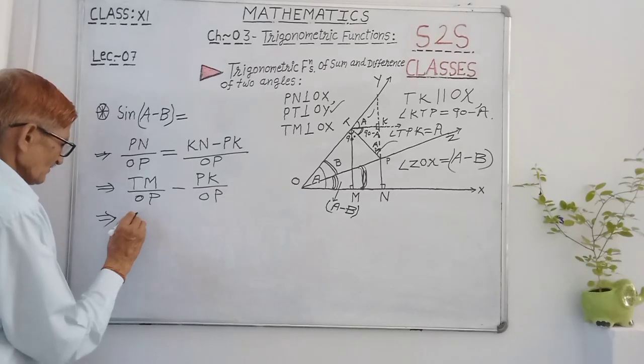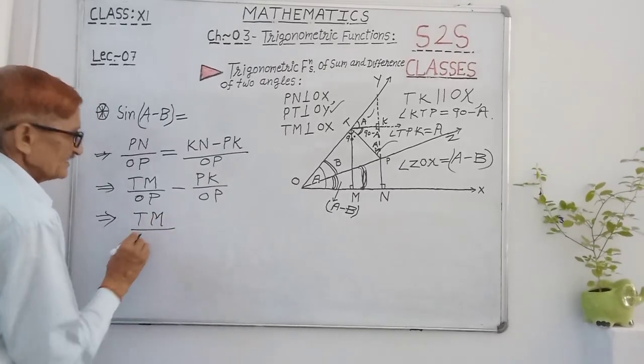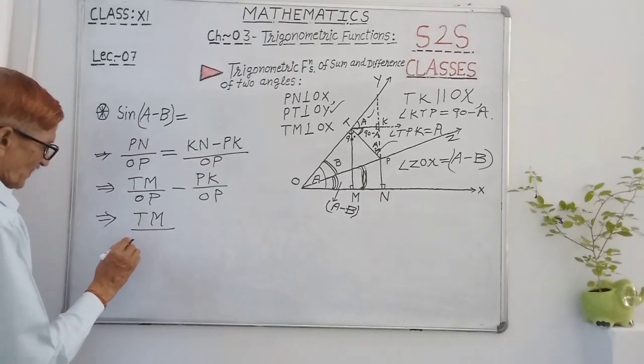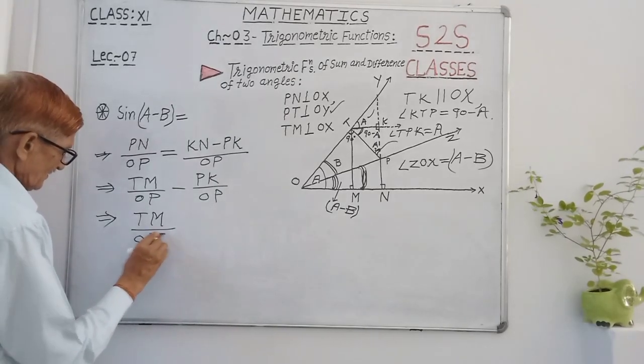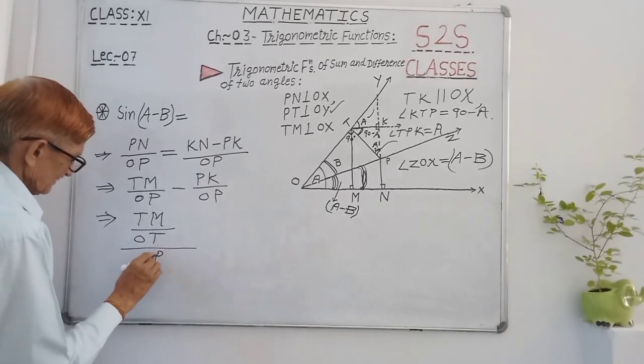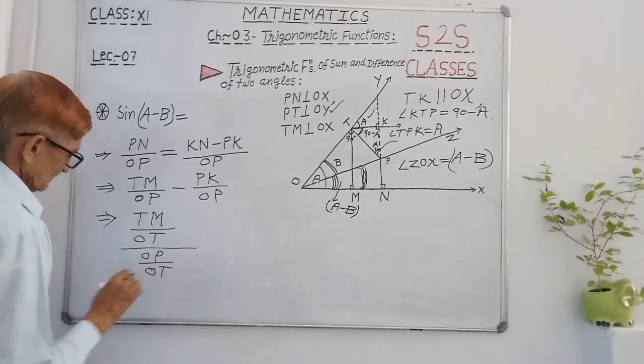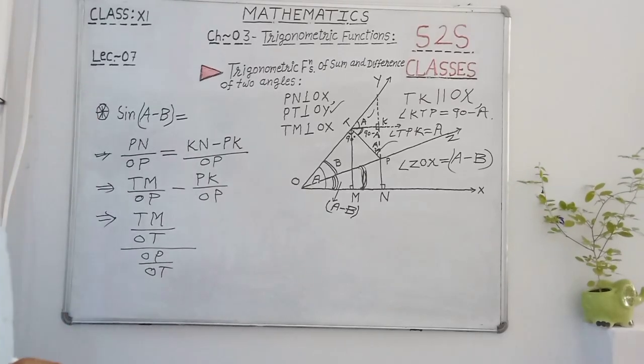So divide by OT in the numerator, and in the denominator also OP divided by OT. Okay, clear?